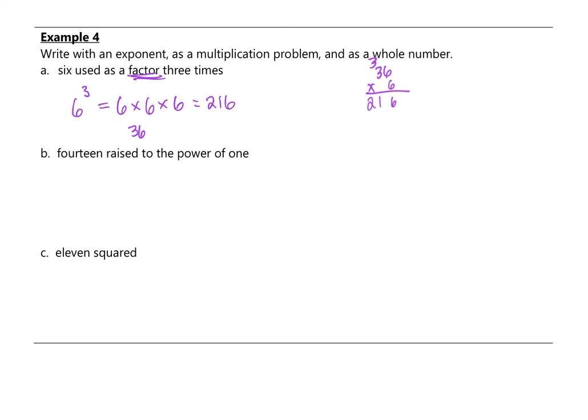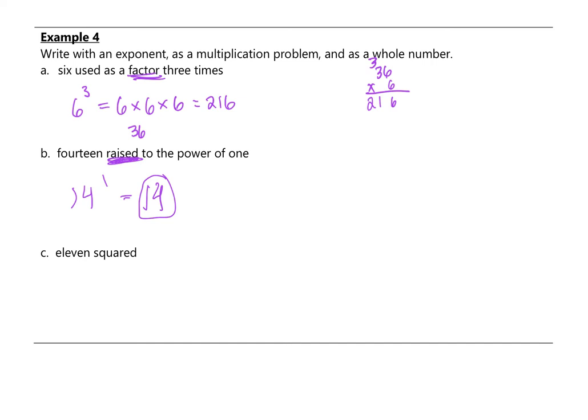Let's see, B, 14 raised to the power of 1. I didn't necessarily mention that particular word because we could just say 14 to the power of 1 or 14 to the 1 power, first power, but raised is also a word you will see related to exponents. So 14 raised to the 1 power, that multiplication problem is just 14, and the answer is just 14.